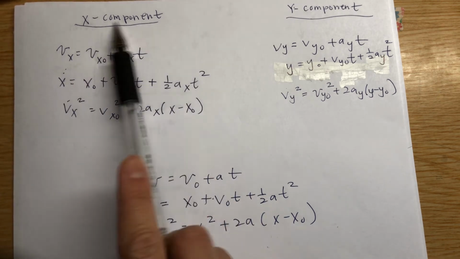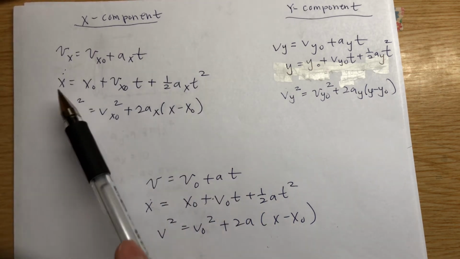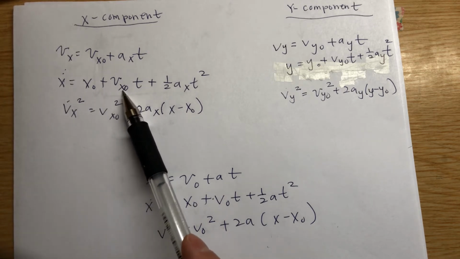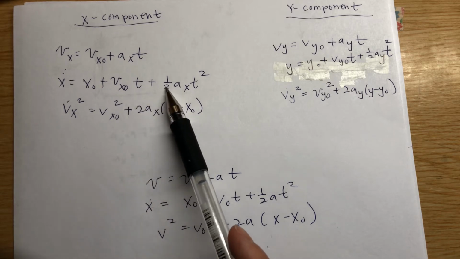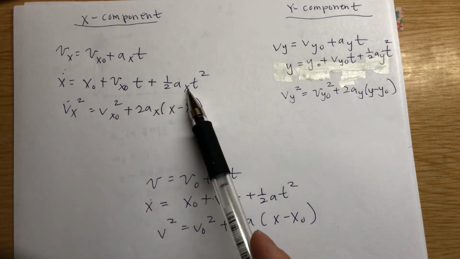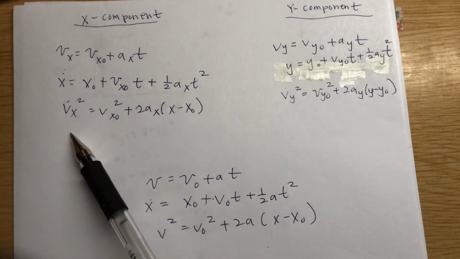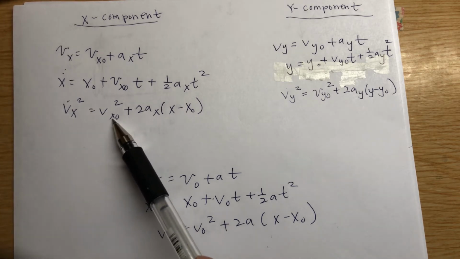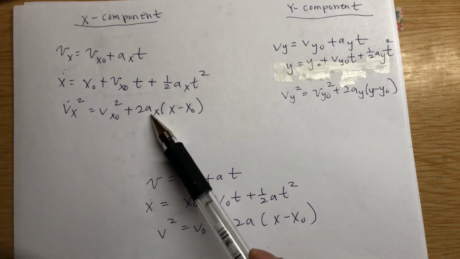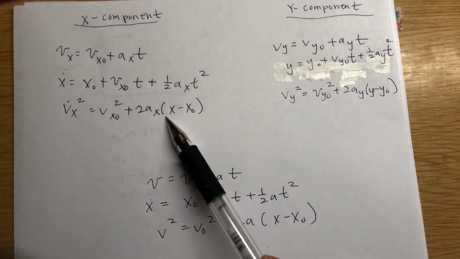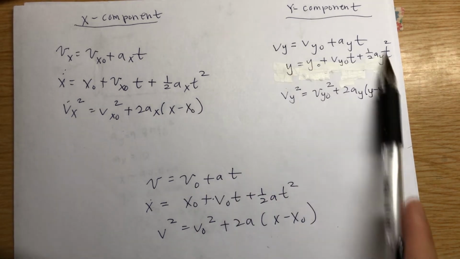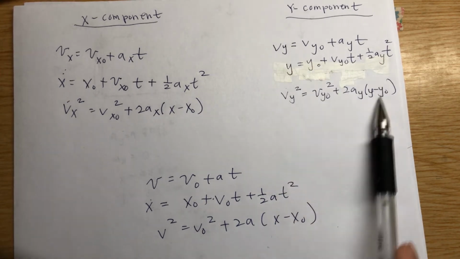So this is all x in the x direction. X equals x naught plus initial velocity in the x direction times t plus 1/2 acceleration in the x direction times t squared. Final velocity in the x direction squared equals initial velocity in the x direction squared plus 2 times acceleration in the x direction times distance in the x direction. And that's for y, everything just in terms of the y direction.